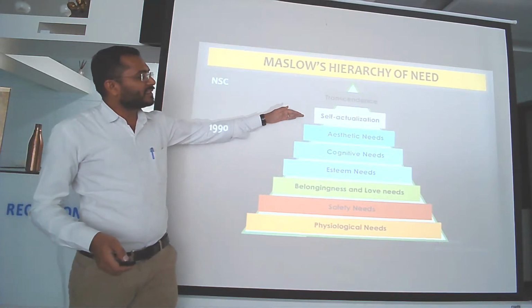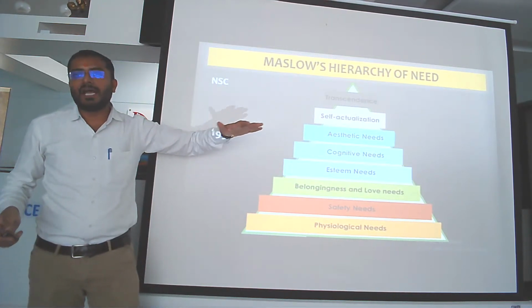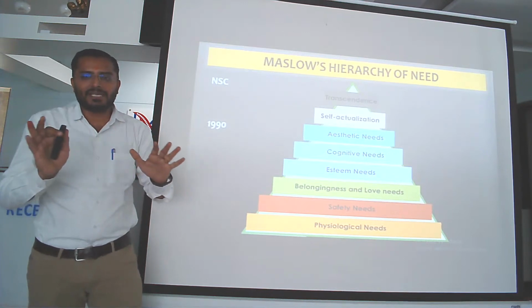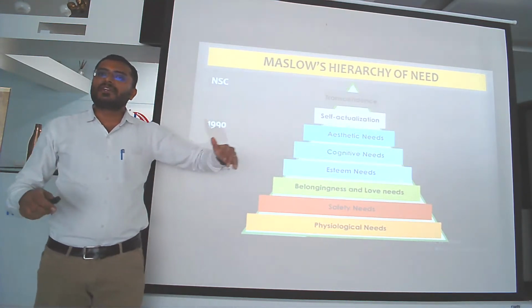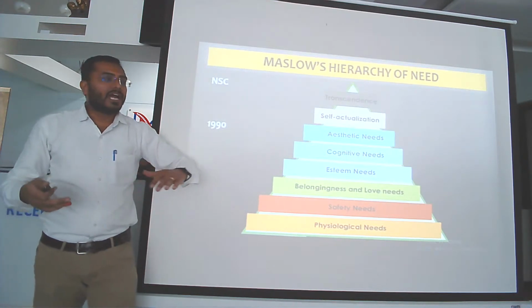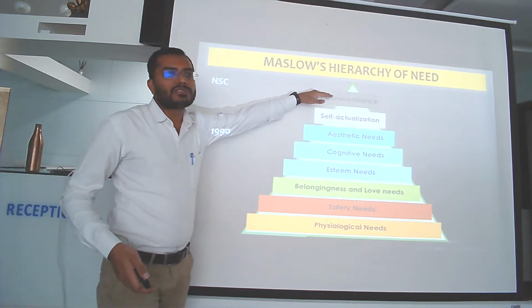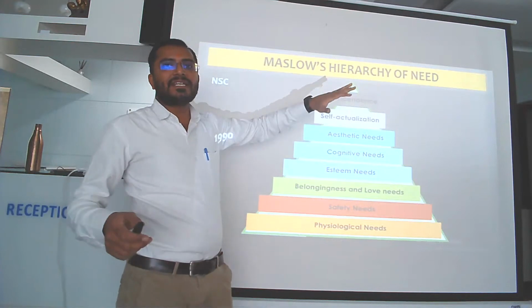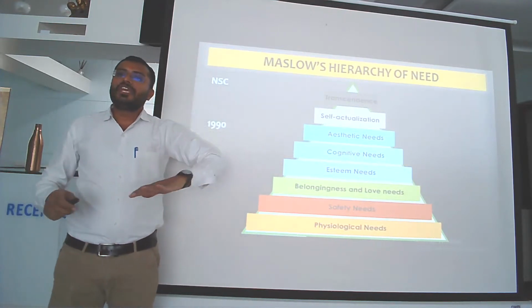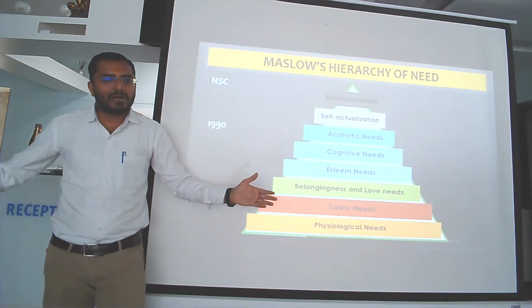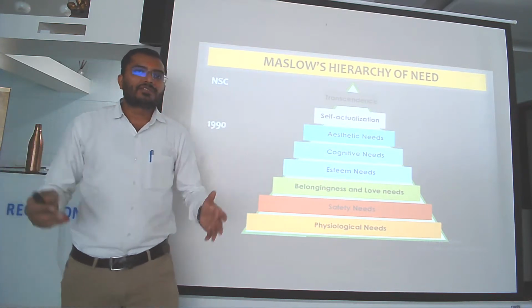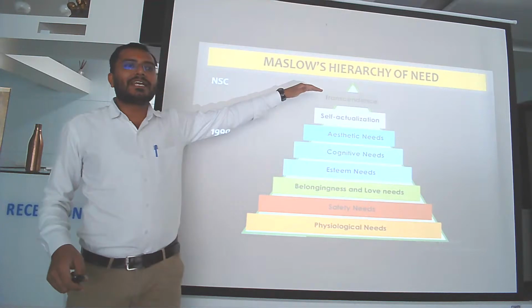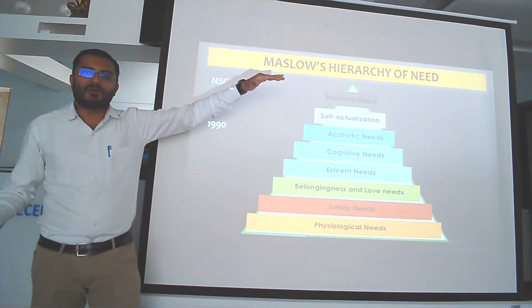Sadhguru is in a state of self-actualization. I can say this, though not exactly, because he is trying to develop nations, and he can go into the state of transcendence. Transcendence is a state in which he develops everything, and he develops lots of people like him and lots of gatherings. Our sir is like that. Sir has transcended everything.